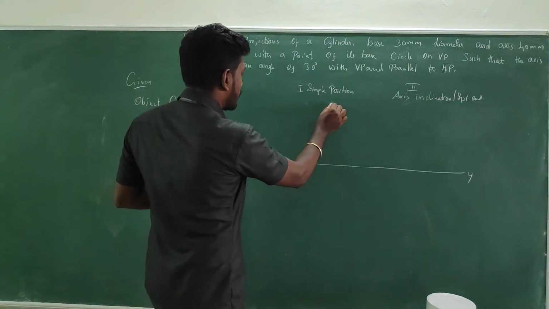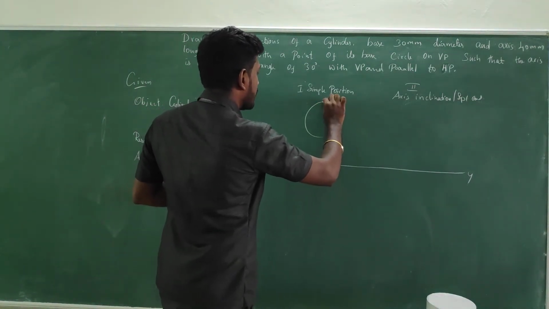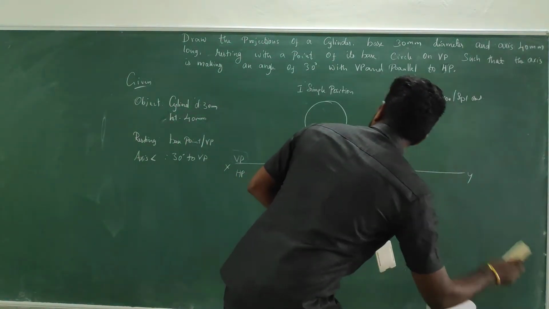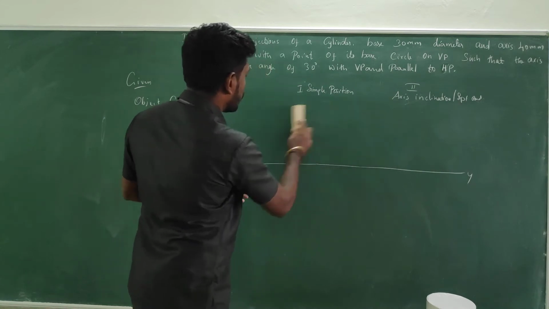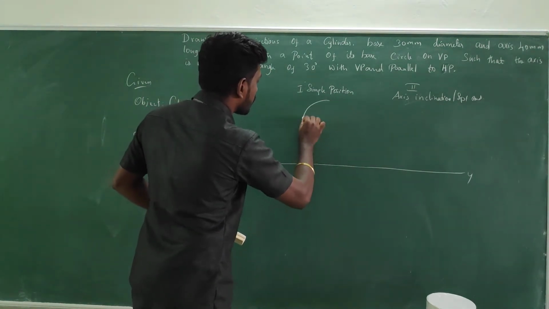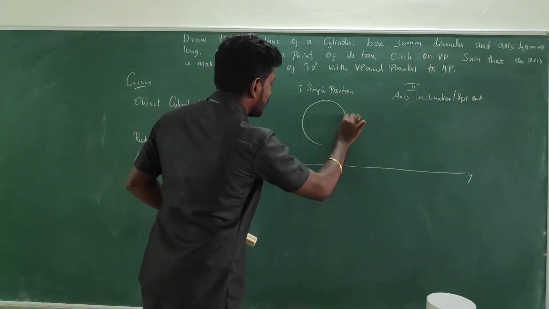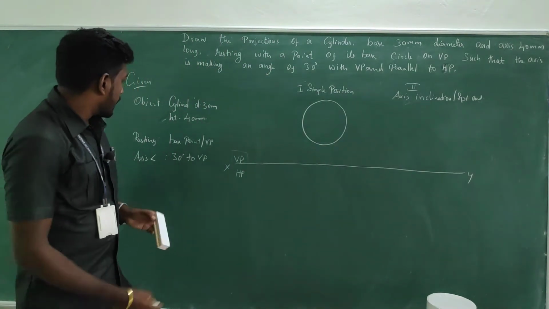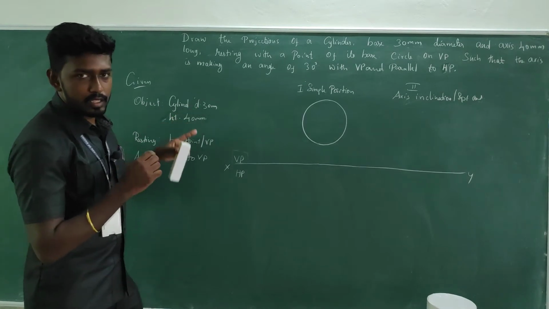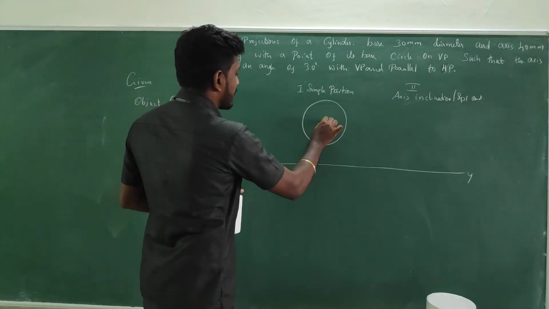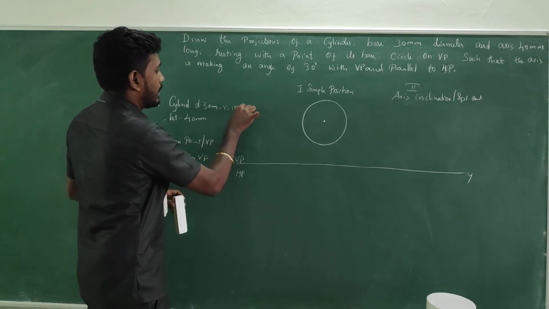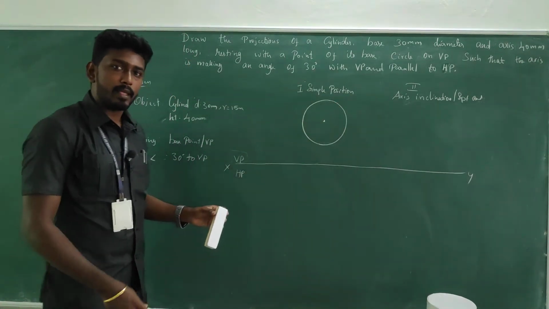So I am going to draw the circle, first in the front view. Since the true shape is seen in the front view, I draw the circle with diameter 30. In order to draw the circle, take the radius as 15 mm, keep the point and draw the circle.